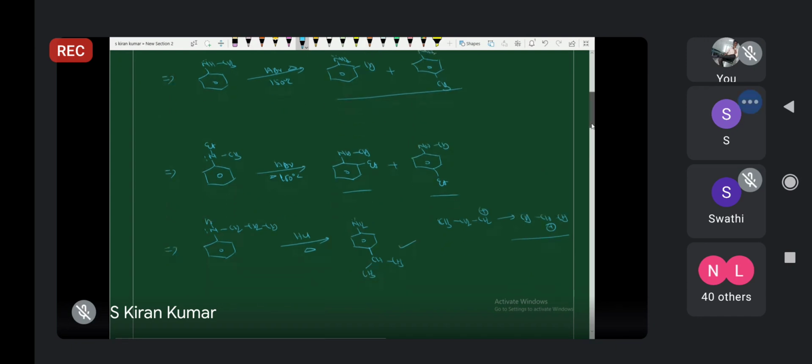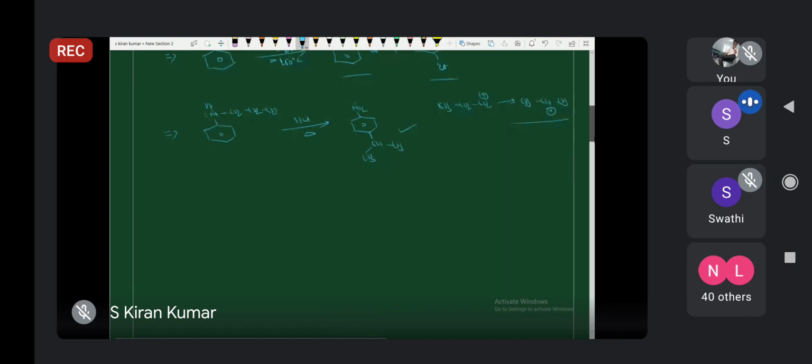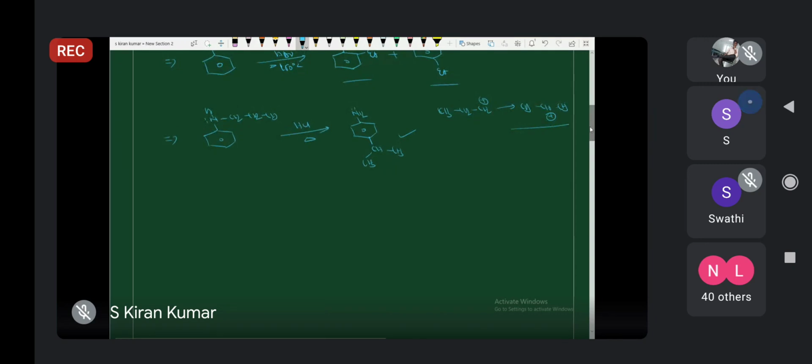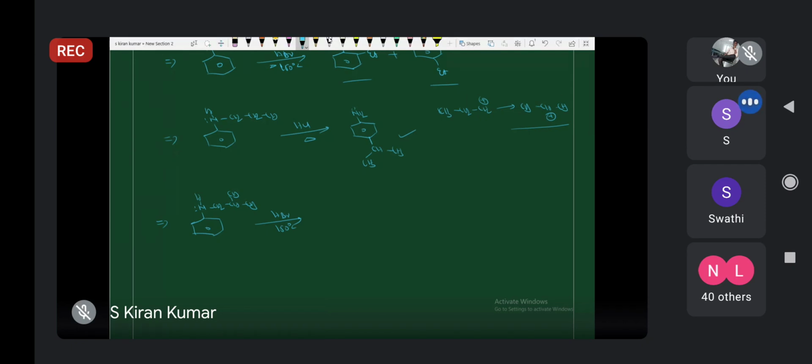Next example. On nitrogen, hydrogen and isobutyl are present. Then what is the product? Tertiary. With hydrogen and isobutyl, it is the same as before. Which cation do we first get?